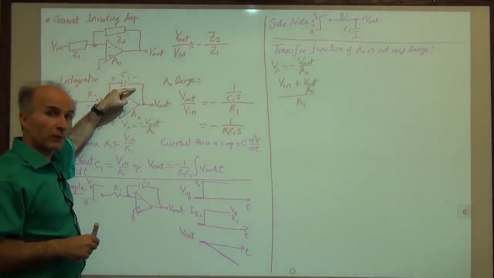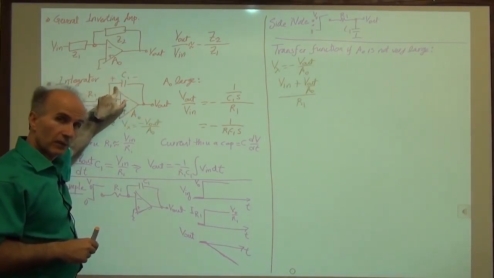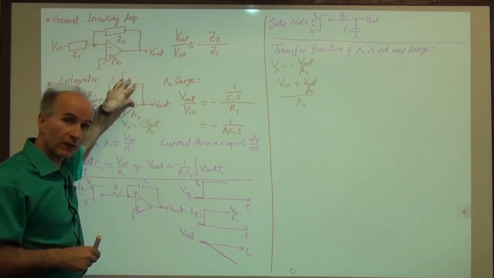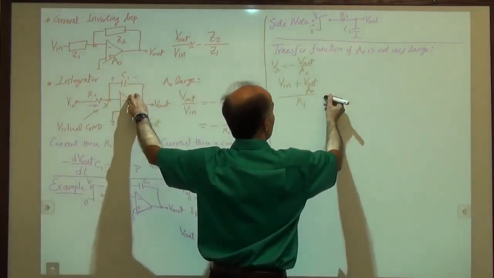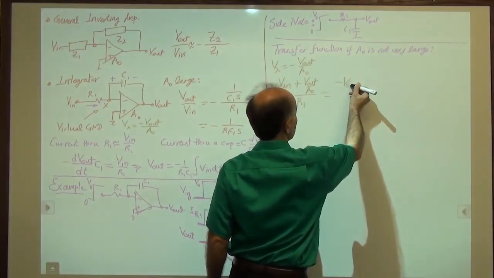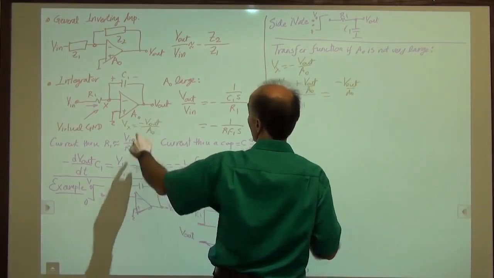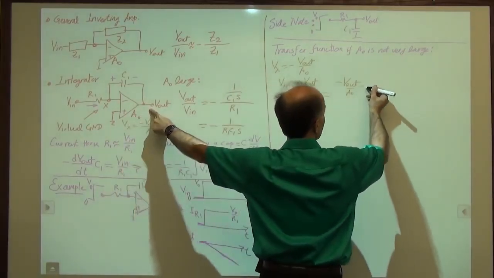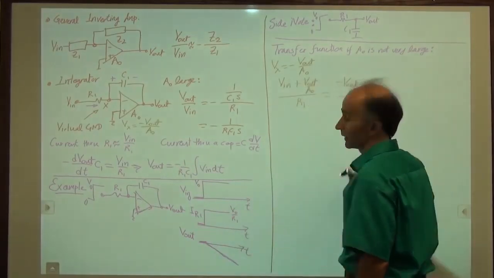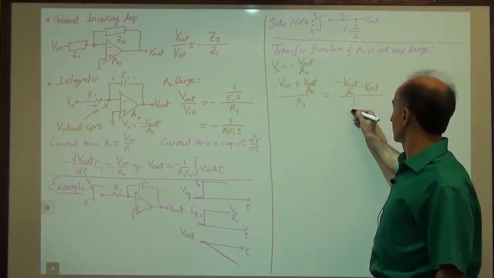The current flowing through C1 from left to right is equal to this voltage minus this voltage divided by the impedance of C1. So this voltage we have Vx, so minus V out over A0 minus this voltage, which is V out, divided by the impedance of the capacitor, which you know is 1 over C1s.